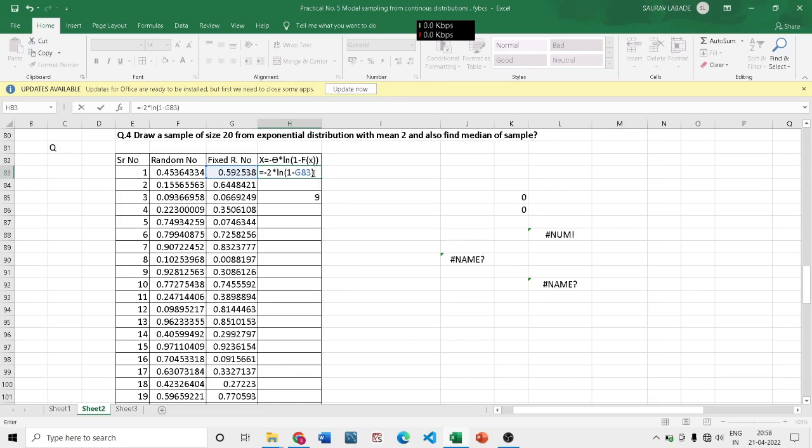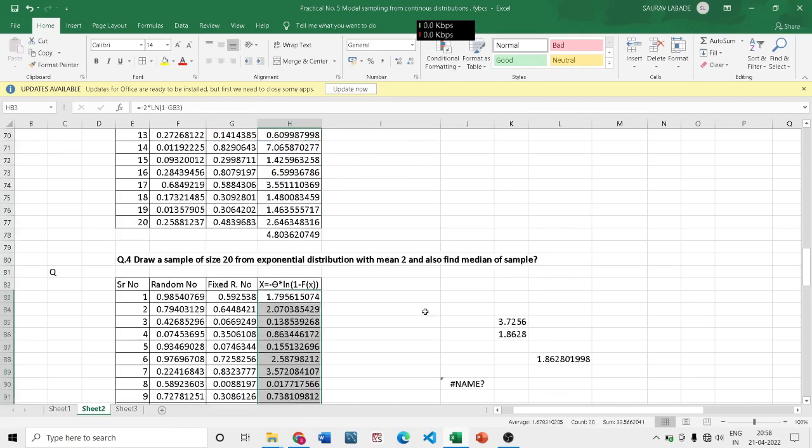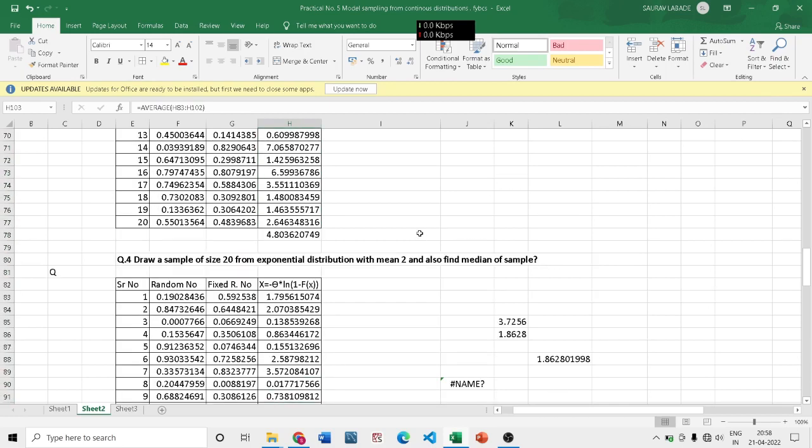So this will be my first random sample of that particular distribution, and this will be all the random samples of that exponential distribution. I will just check whether it is correct or not. So find out the mean of that, and it must be approximately equal to 2, and here it is 1.67, which is approximately equal to 2. So we can say that all the random samples are correct in this example.